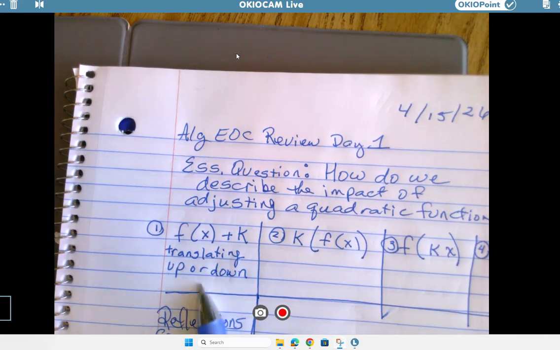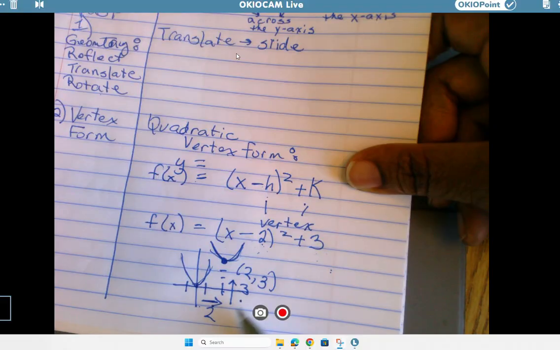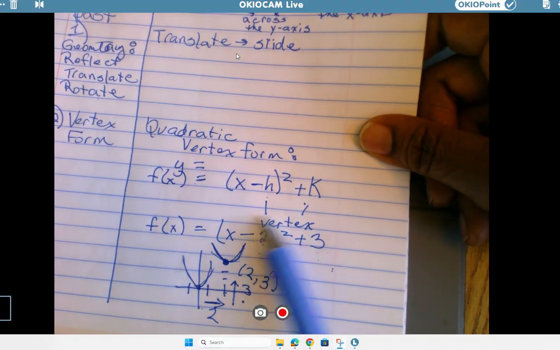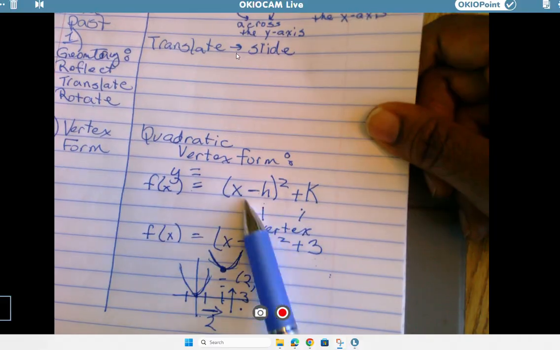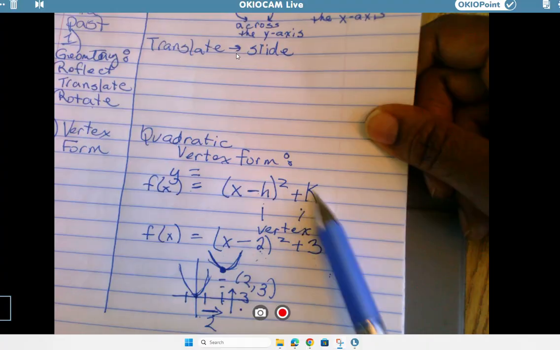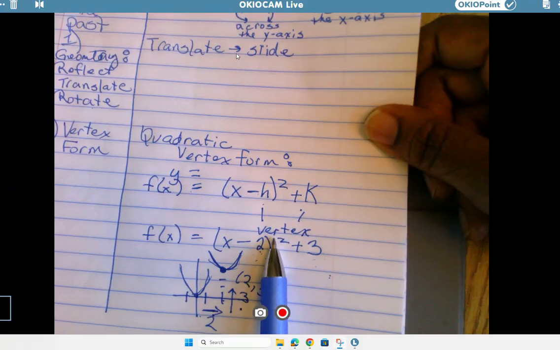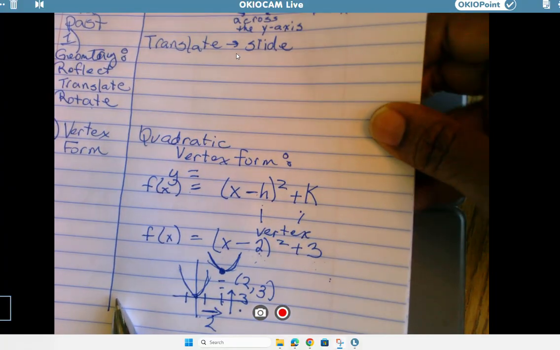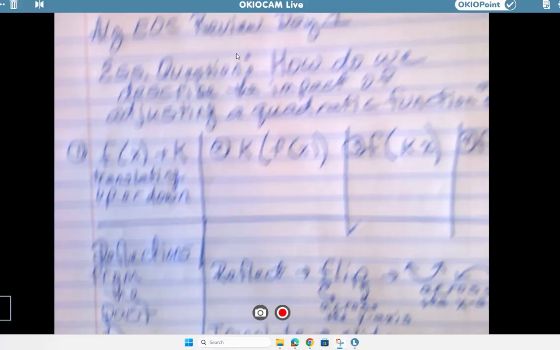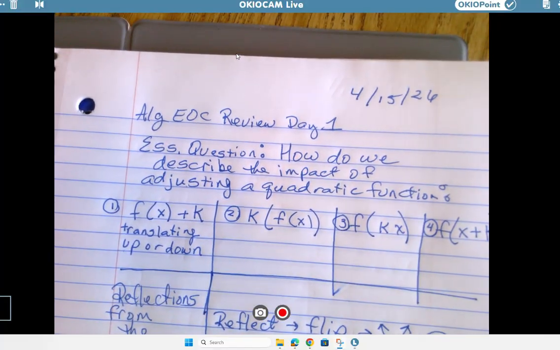Okay. Now, we got the part where it went up or down. Which one is responsible for left and right? Yeah. So we got the up and down part. Which one of these is responsible for left and right? The H, all right? So go back up to the top. Which format is the H moving the graph left and right?